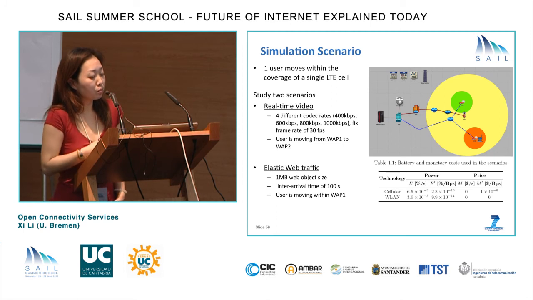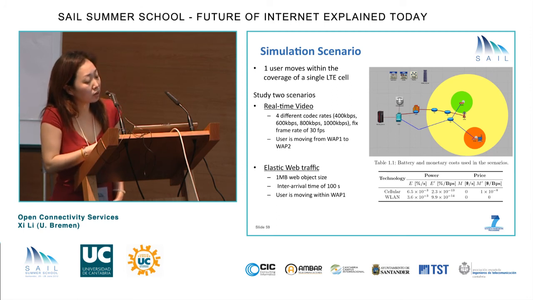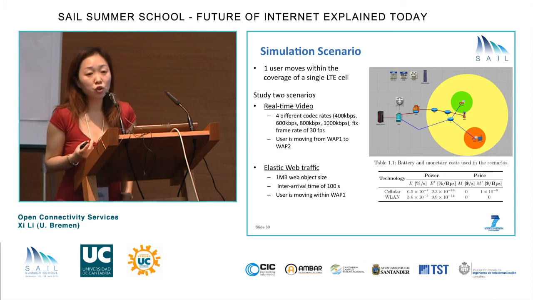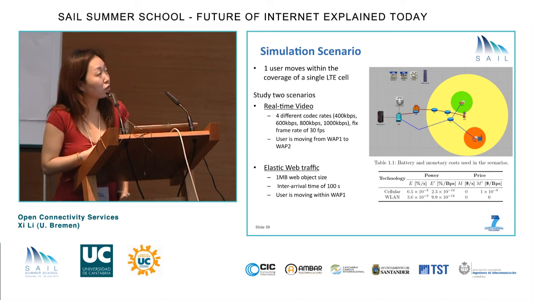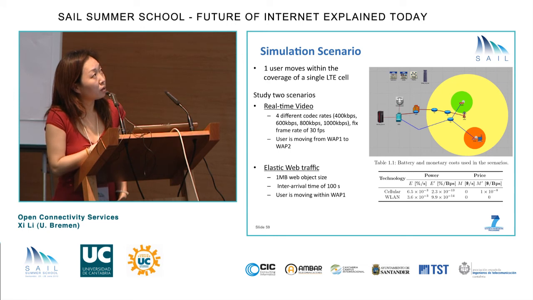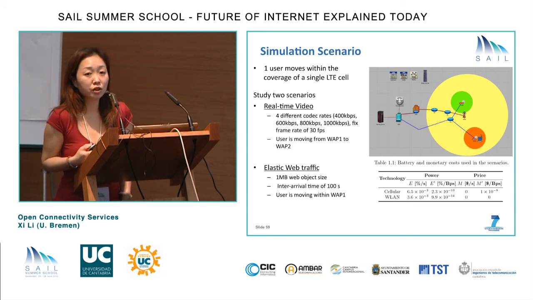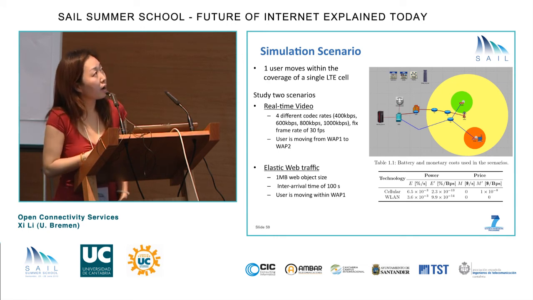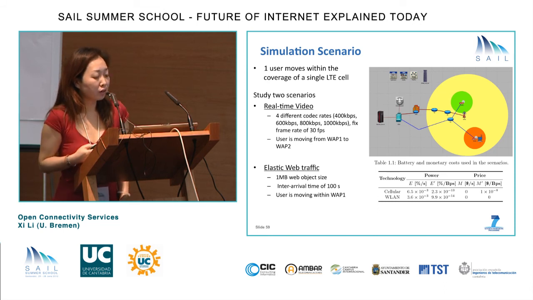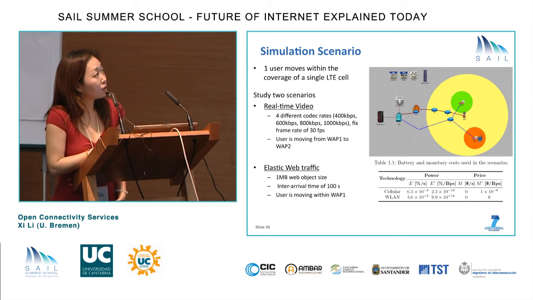The scenario we started with looks at one user who is moving between two access points in the LTE coverage, and we studied two different scenarios. In the first scenario, the user is transmitting video applications, and we chose 4 different possible codecs for this video application, and the user is moving from wireless LAN access point 1 to wireless LAN access point 2 via the LTE network.